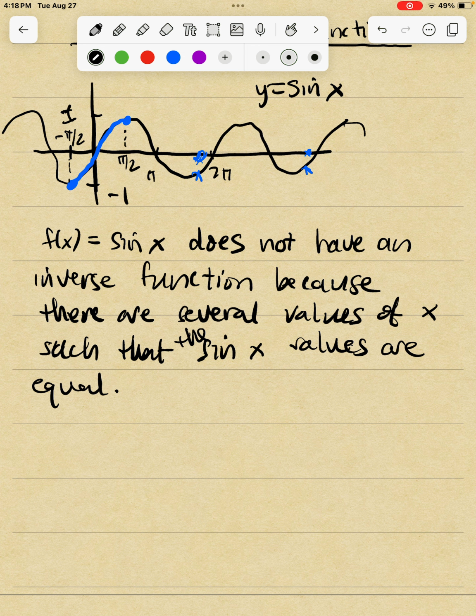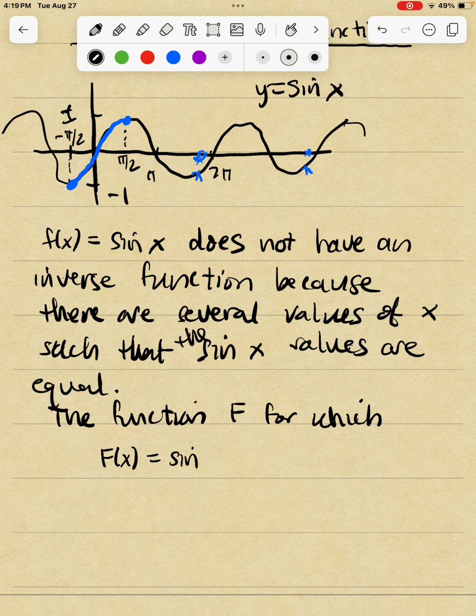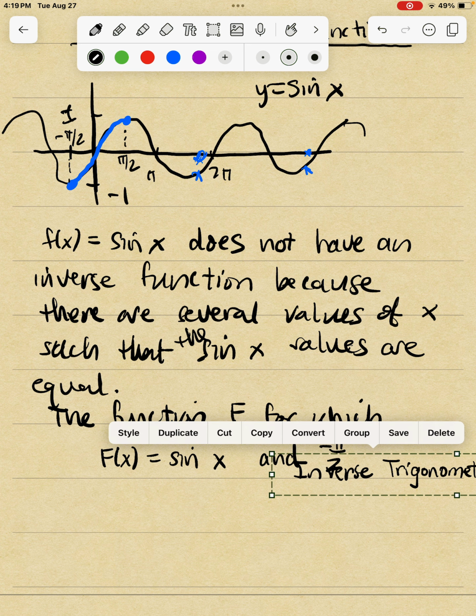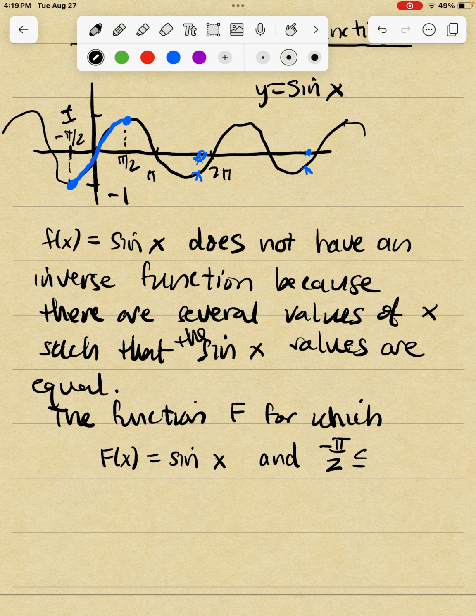So this means that the function capital F, for which f of x equals sine x and negative pi over 2 is less than or equal to x is less than or equal to pi over 2, so x is between negative pi over 2 and pi over 2, does have an inverse function.